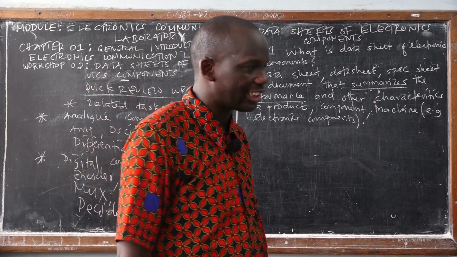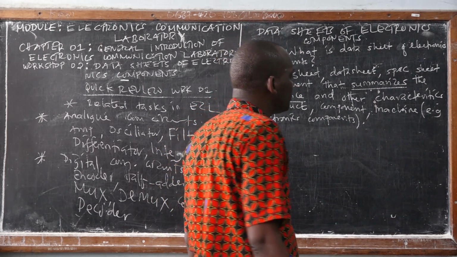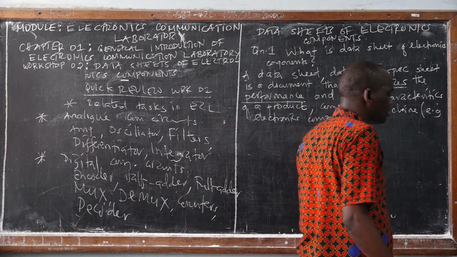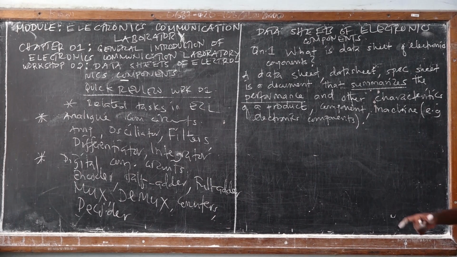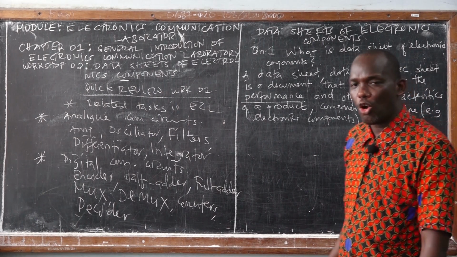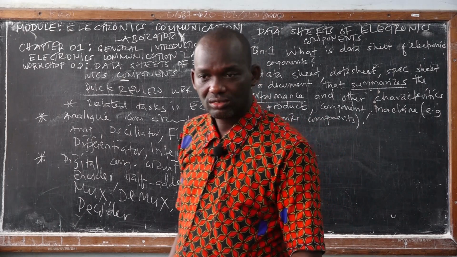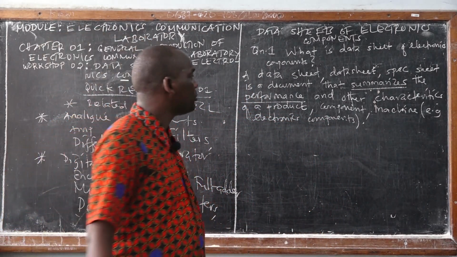So this is the simple definition of the word datasheet. We may call it data sheet as two words, or datasheet as a single word, or we may call it spec sheet. So what does it mean?